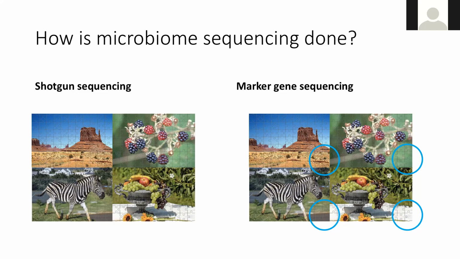In marker gene sequencing, it is much less labor intensive because you do not sequence the whole genome. You sequence one very small, specific, conserved part of it. And that is shown in this example by the blue circle in the lower right-hand corner of each of the 4 pictures, which represent 4 different genomes. And you then compare those to each other.